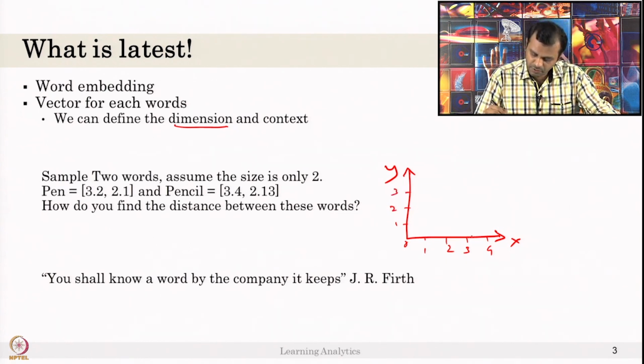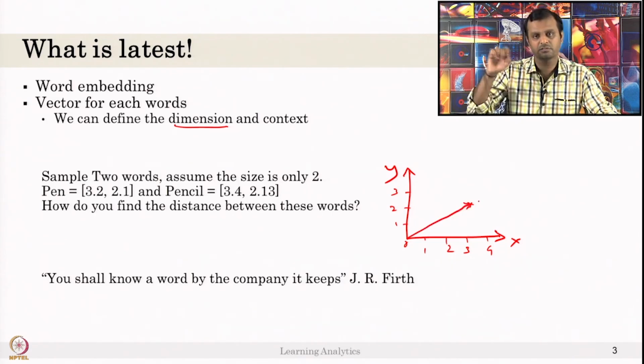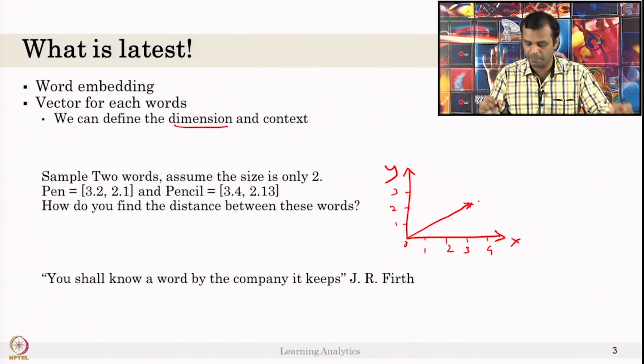Pen is 3.2 and 2.1, so pen is somewhere here. The pen vector is drawn from the origin, and pencil is 3.4 and 2.13, almost here, almost the same.